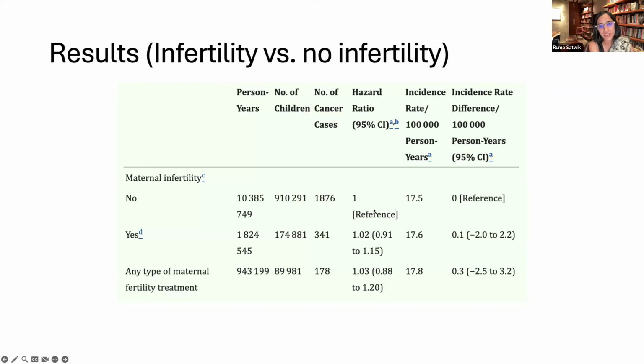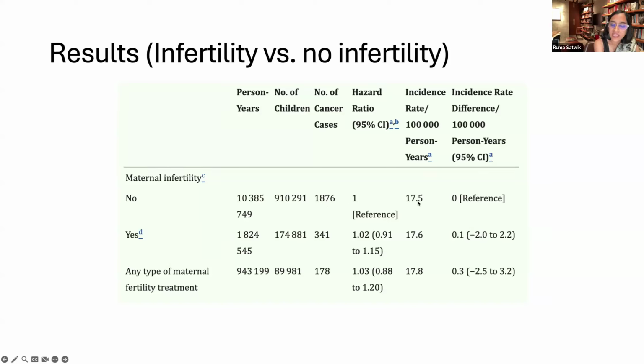How do you get your incidence rate per 100,000 persons? This is the numerator and this is the denominator. So you get your incidence rate per 100,000 people, right? Now, not very difficult to calculate incidence rate difference per 100,000 person year. Why? Because this is the baseline.